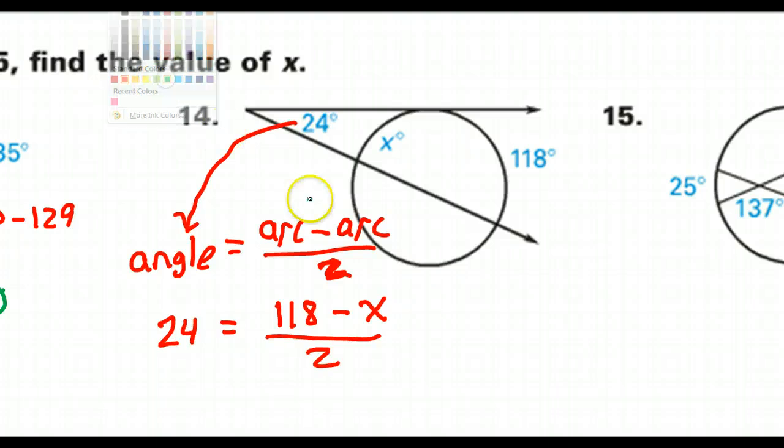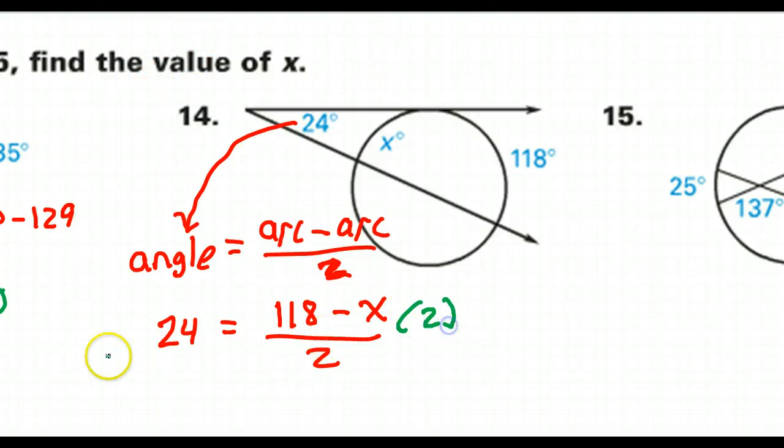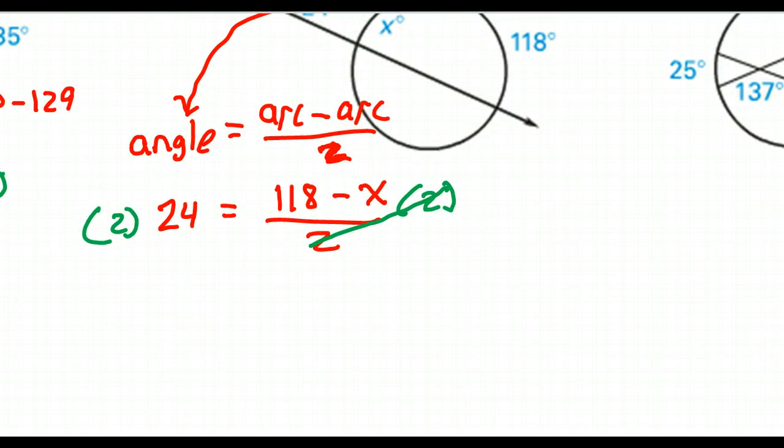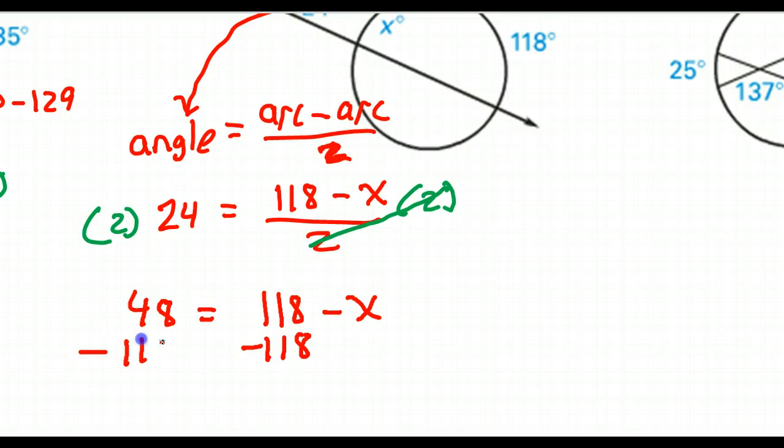Again, to solve this, simply multiply both sides of the equation by 2. These will cancel out. So that's going to give me 48 is equal to 118 minus x. I could subtract 118 from both sides. It's one way to do it. That's going to give me x equals negative 70.